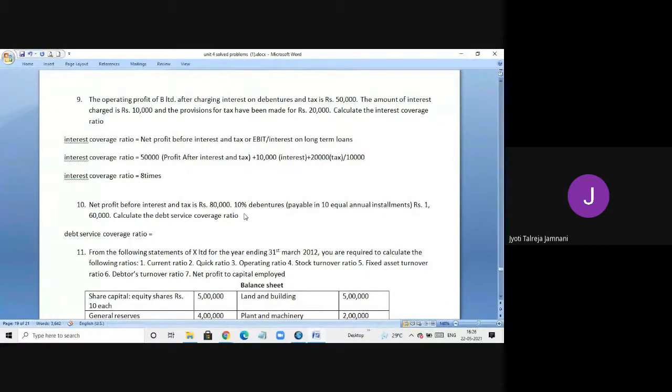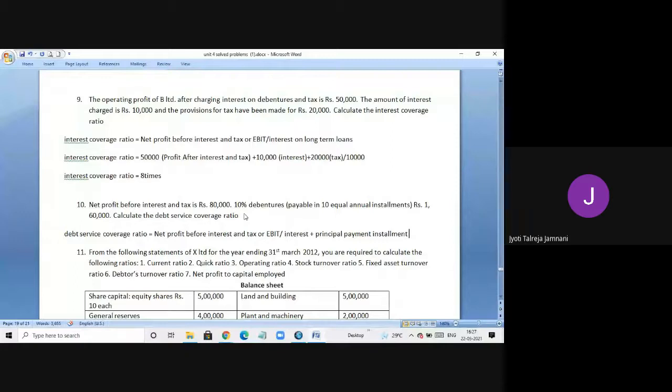Net profit before interest and tax, or you can also call it as EBIT, divided by interest plus principal payment installment.